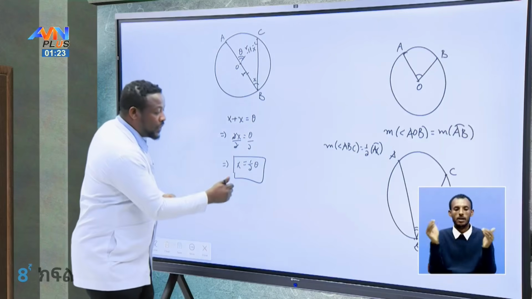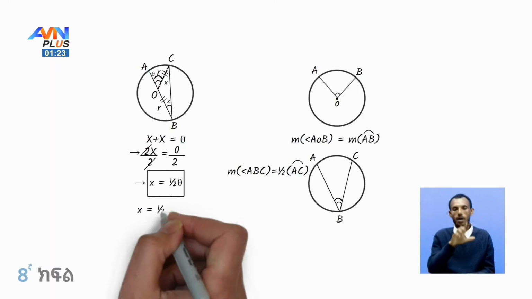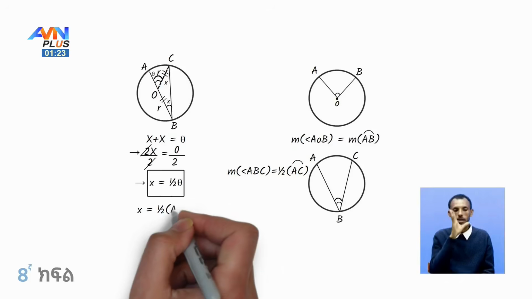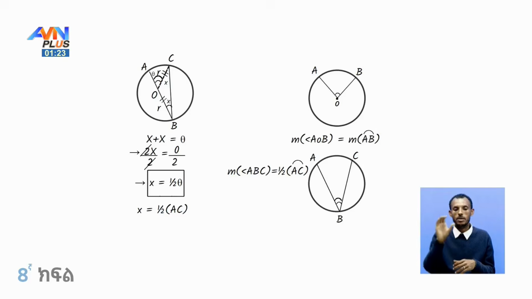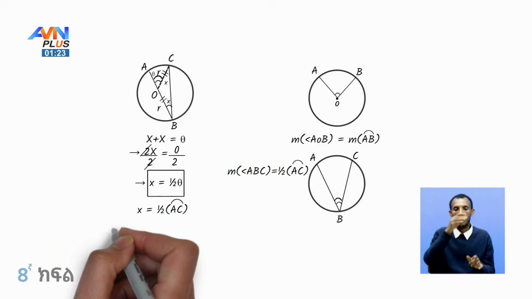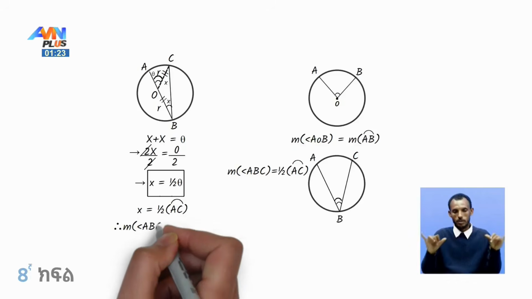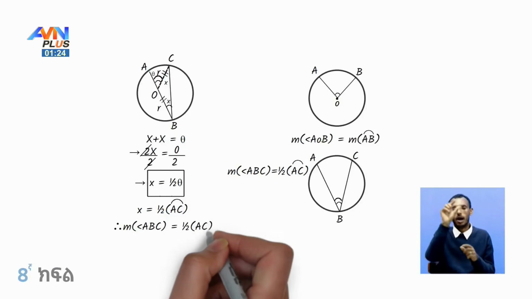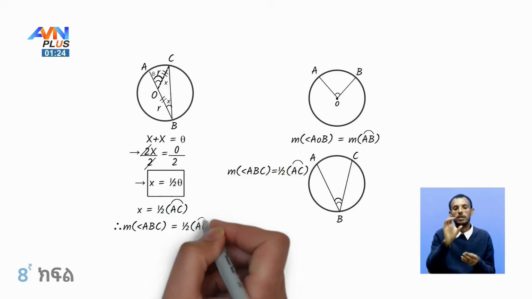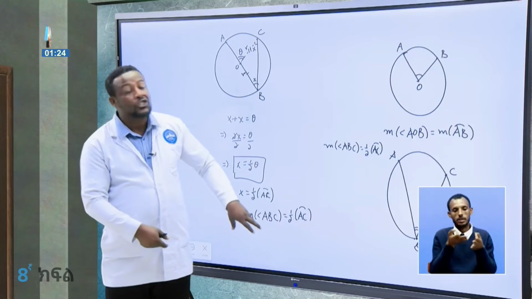So in place of this theta, you can substitute arc AC, and this x is the measure of angle ABC. Therefore, you can conclude that the measure of angle ABC is half of the arc subtending it, that means arc AC.